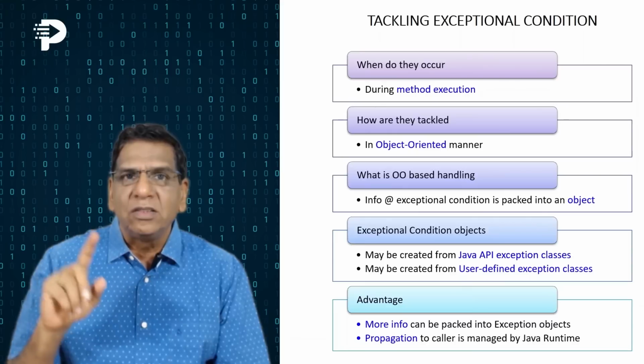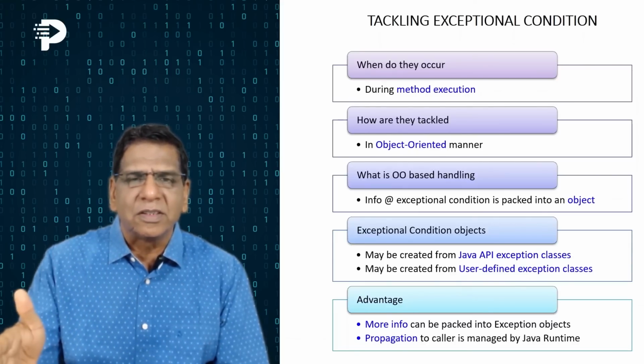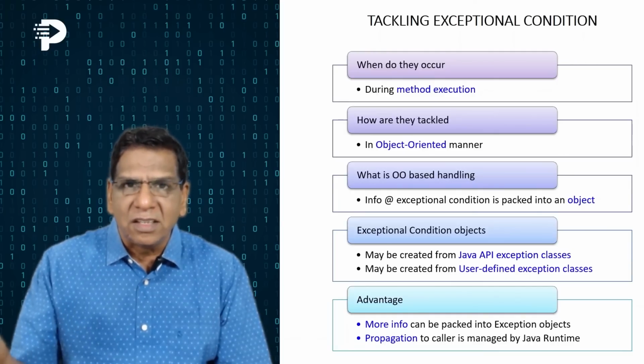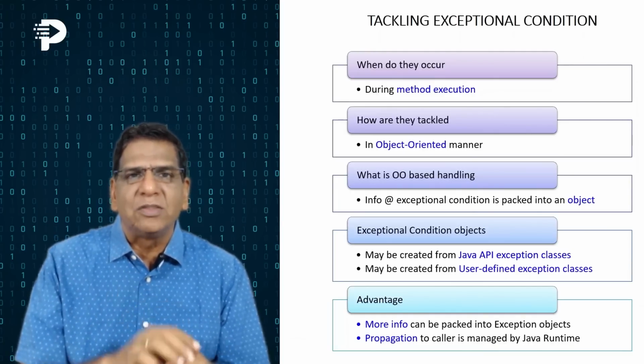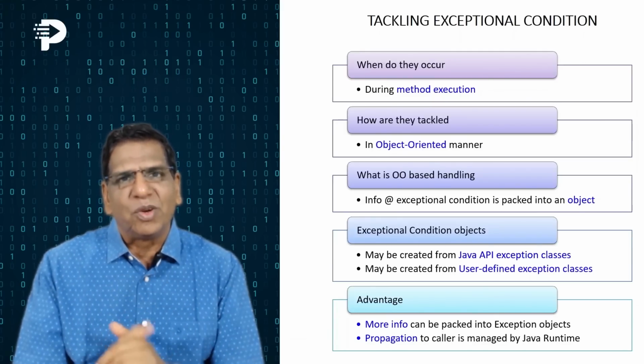Where to tackle it is your decision. You may tackle it in the first function, second function, third function, wherever you want. This exception object that is created in the last function, propagation of that to the place where it is being tackled is not your and my responsibility. That is the beauty of it.